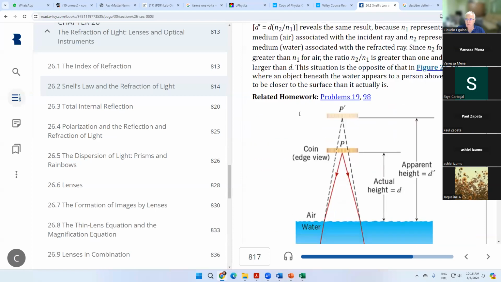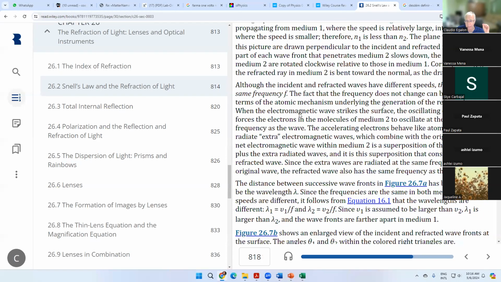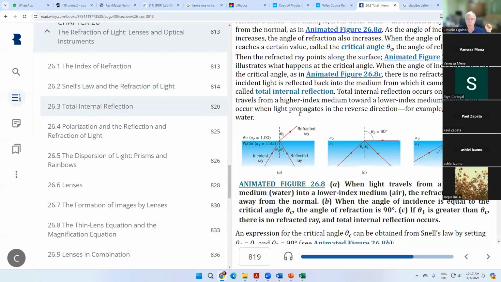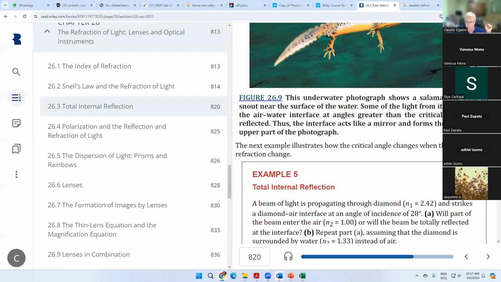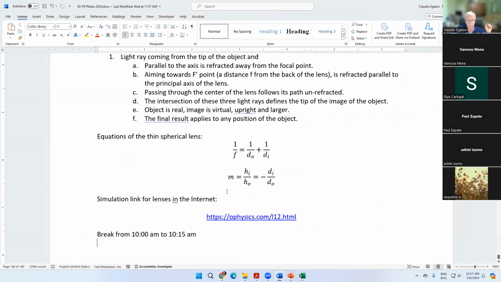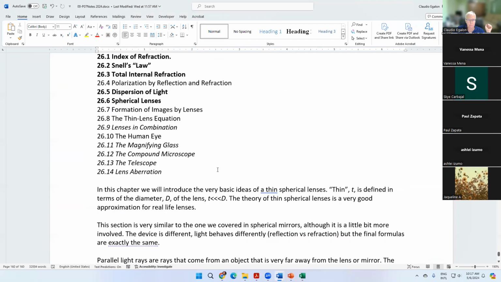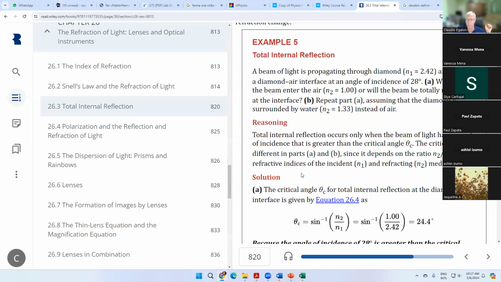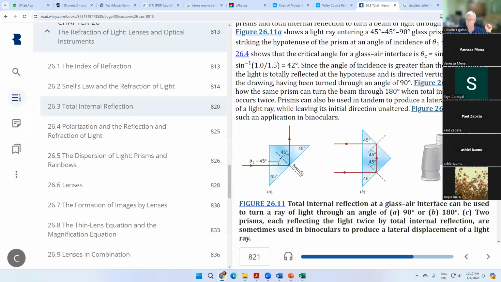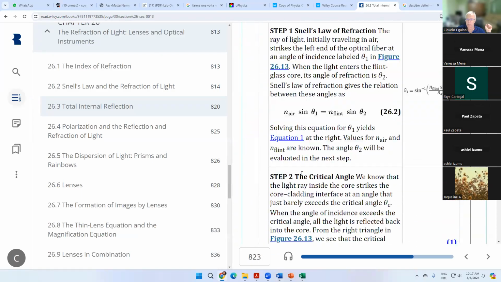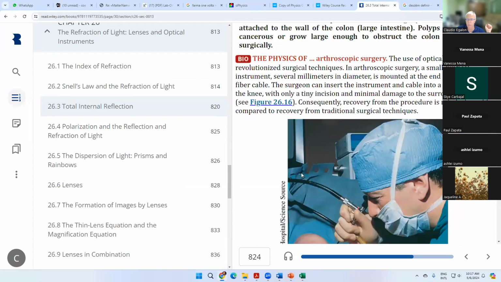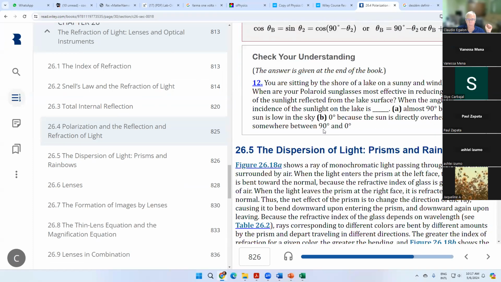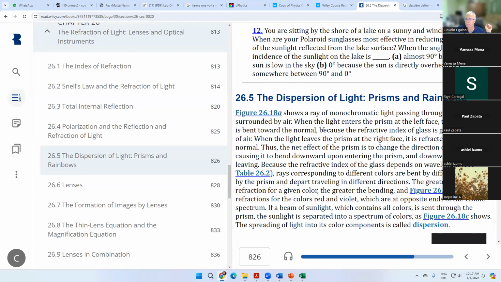Total internal reflection was the next topic. We skipped polarization for now. We covered dispersion of light.